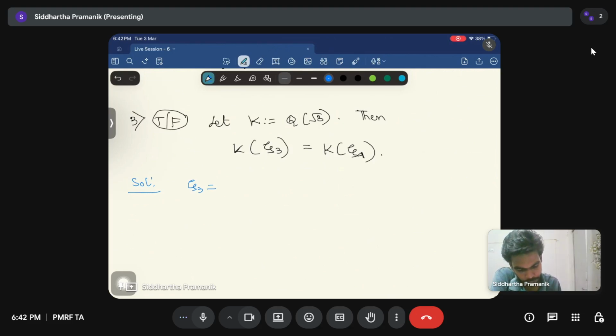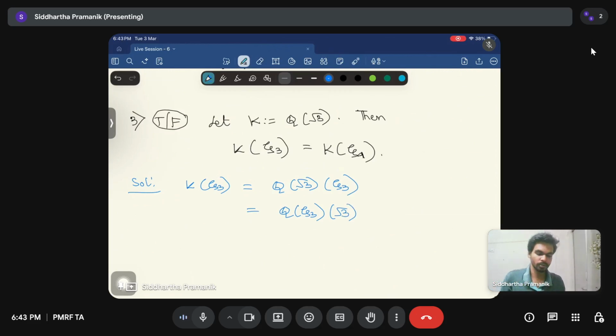So what is K adjoint zeta 3? This is Q adjoint root 3 adjoint zeta 3, but this is the same as Q adjoint zeta 3 first, then adjoint root 3, because both are the same.